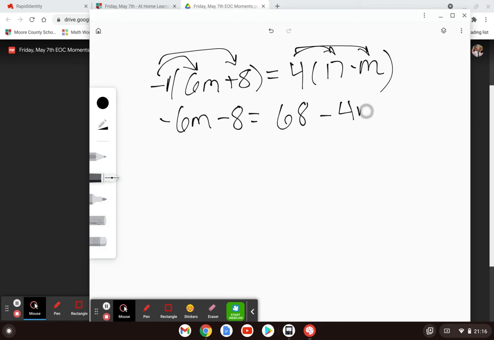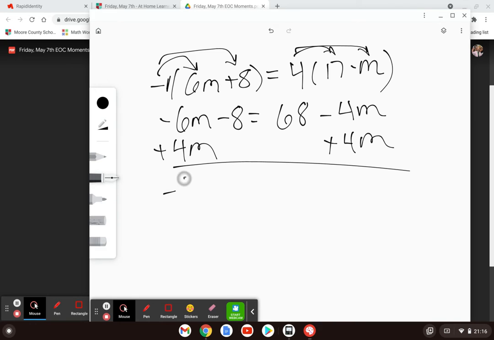minus 4m. Okay, now I need to combine my variables or isolate my variable to one side of the equation. So they're both negative, so it really doesn't matter how I do this because it's going to still work out either way. So I'm just going to move it to the left side by adding 4m to both sides. So I have negative 2m because negative 6 plus 4m is negative 2m minus 8 equals 68.